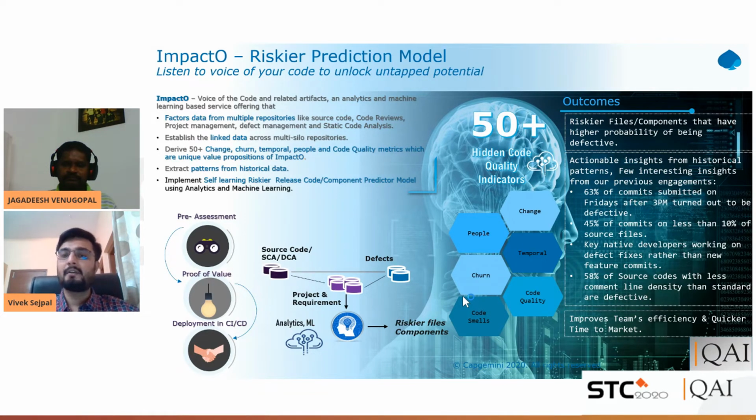I would like to share some very good actionable insights that we have found from our previous executions. 63% of the commits submitted after 3 p.m. on Friday turn out to be defective. The other one is that 45% of the commits happen on less than 10% of the source code files.